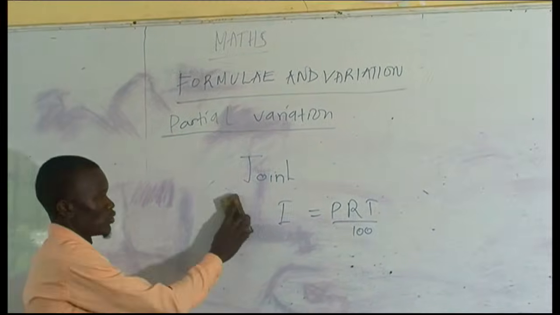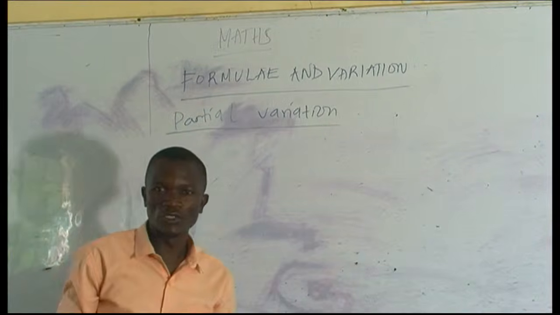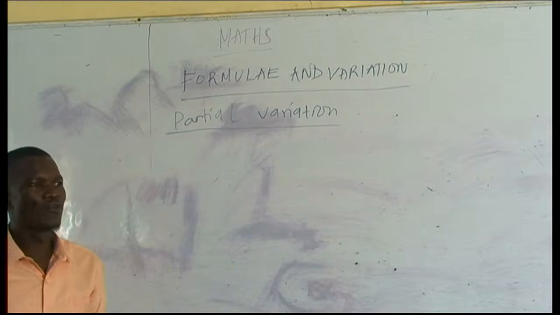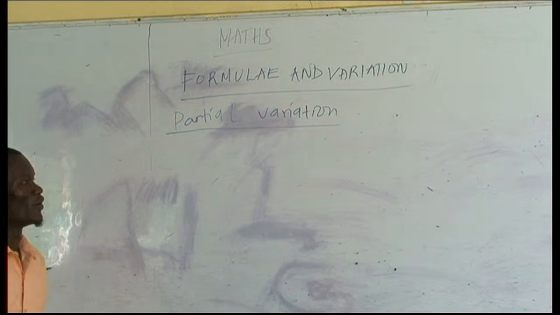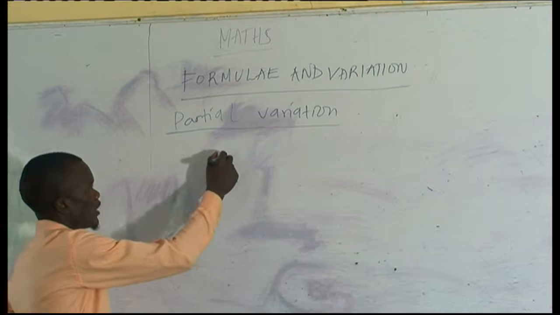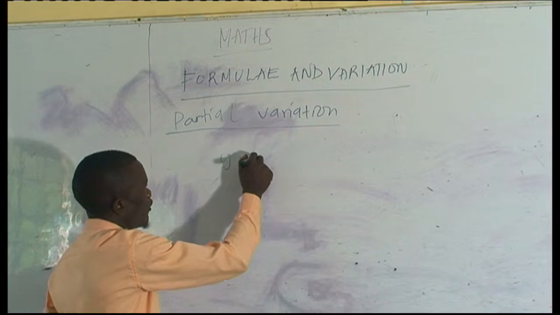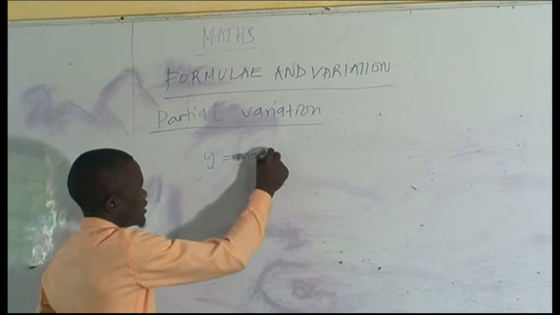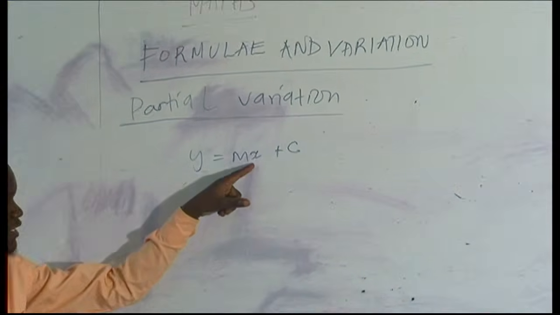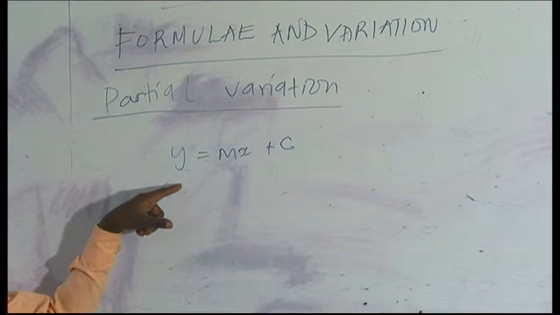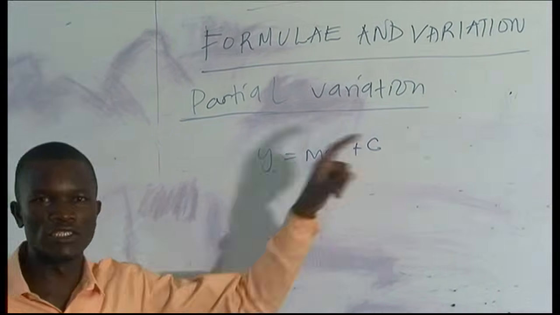In a partial variation, we have an equation that forms something like a linear equation. For example, when you were in Form 2, you learned about a linear equation, where y is a function of x in the form y = mx + c. So as you increase x, y will also increase, but c here is a constant, meaning it does not change.